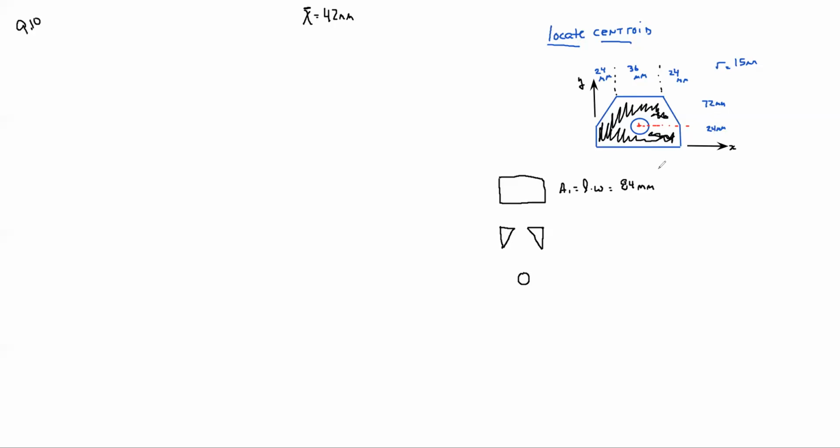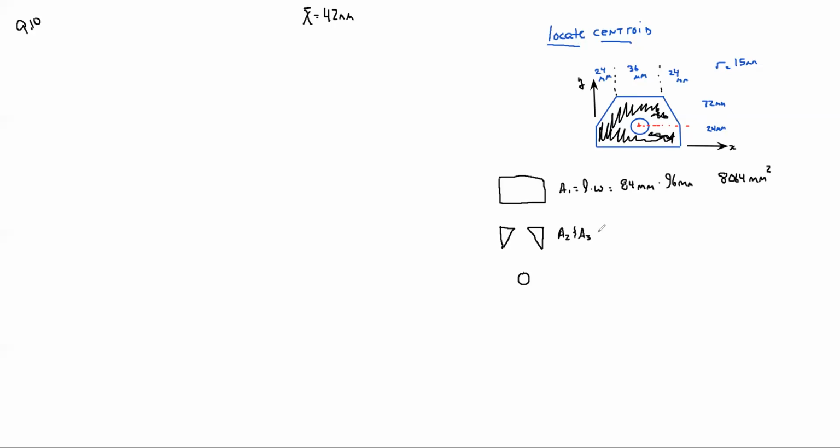So 72 plus 24 is 96 millimeters. And if we multiply those two things together, we get 8,064 square millimeters.